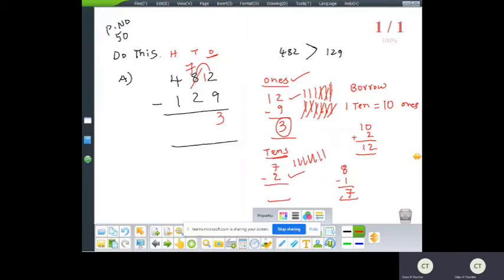From 7 we cut 2 lines. After cutting 2 lines from 7 lines, there are 5 lines. 7 minus 2 equals 5. This answer 5 goes right under tens. Now finally subtracting on hundreds.